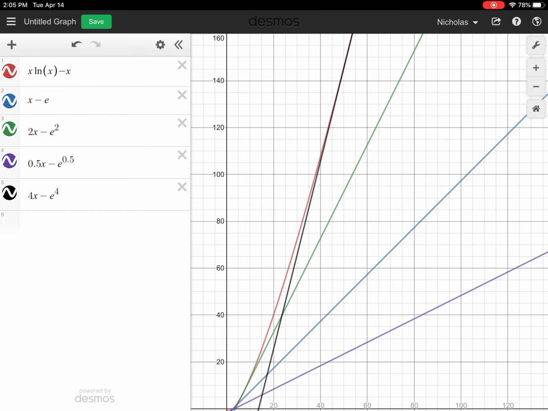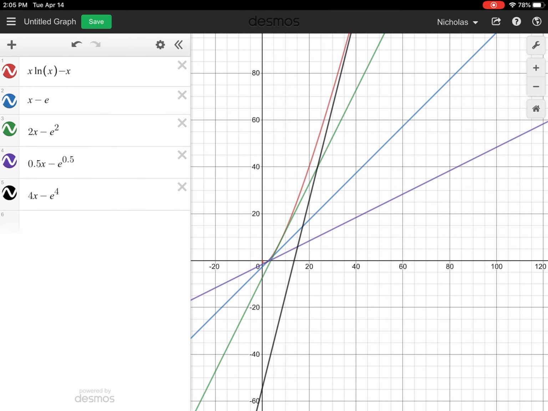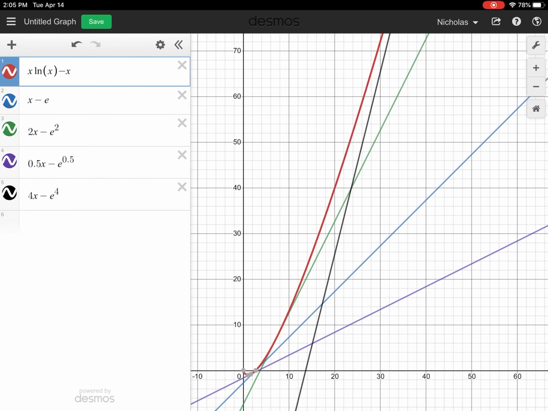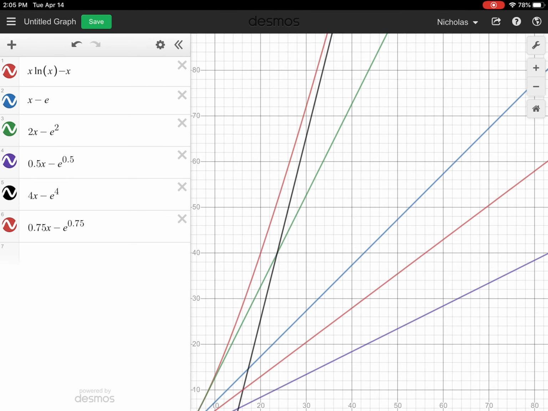That's pretty cool, I think. And in this particular case, for the value of c, the line is tangent at the point e to the c. That should make sense based on this graph, and the way the graph looks is pretty cool.